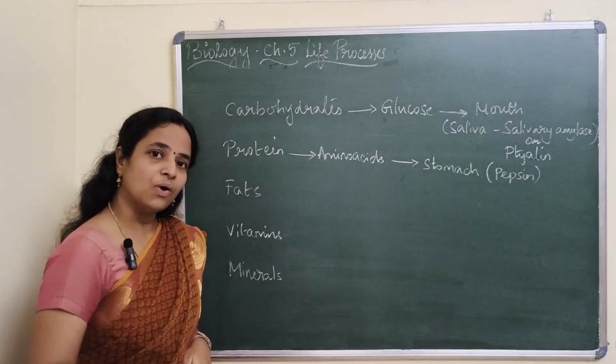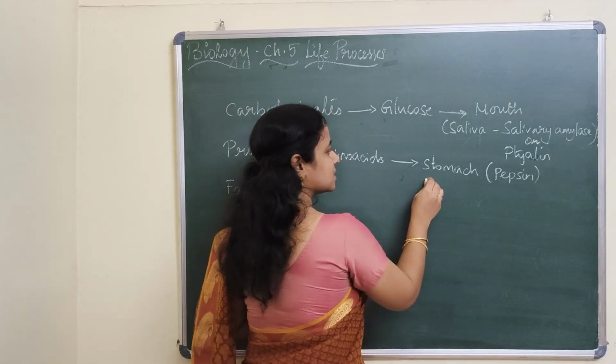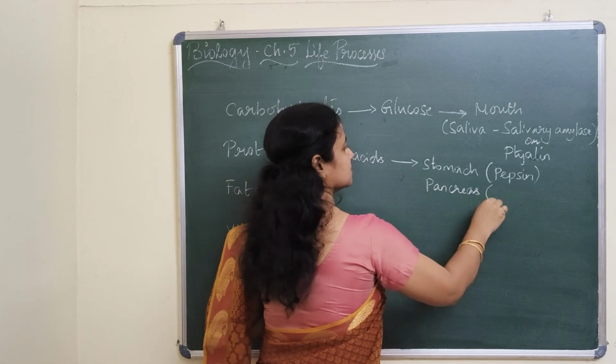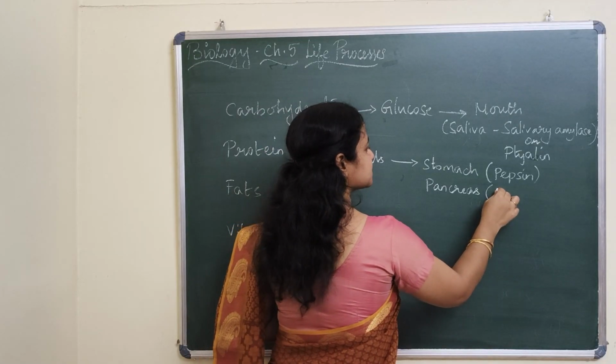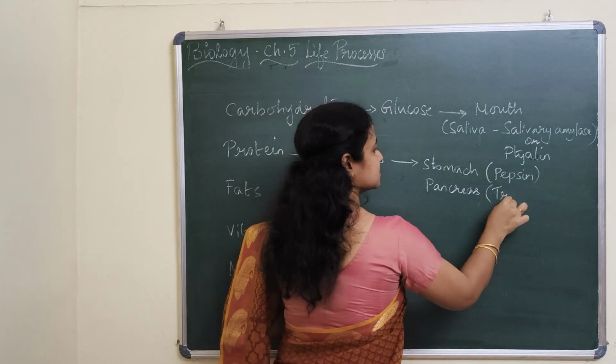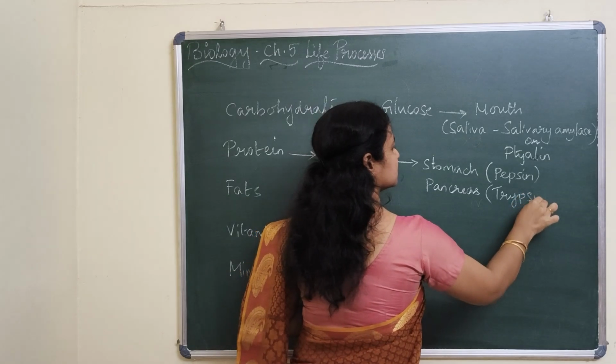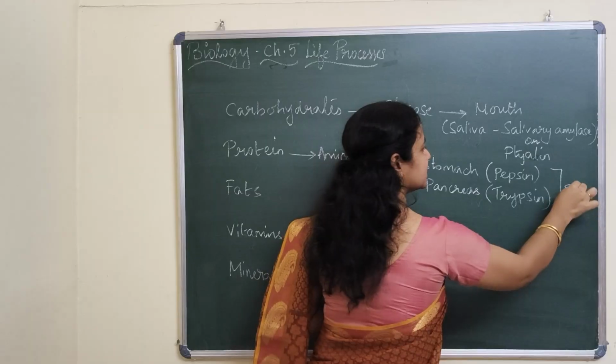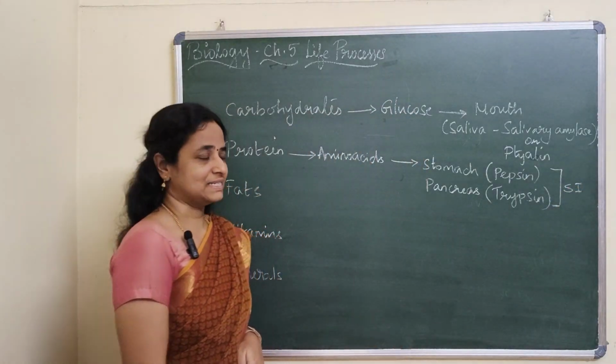Protein digestion can also occur by the secretions of the pancreas. The enzyme name is trypsin. And the complete digestion of protein takes place in the small intestine.